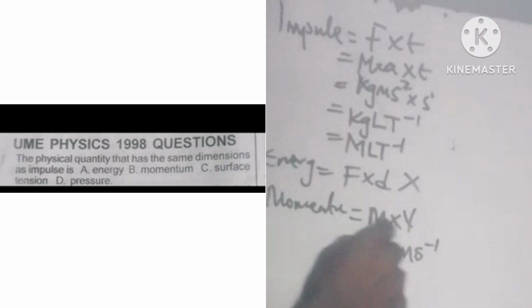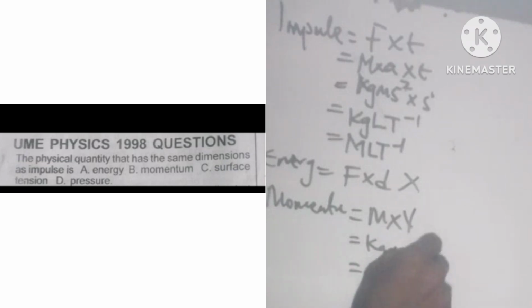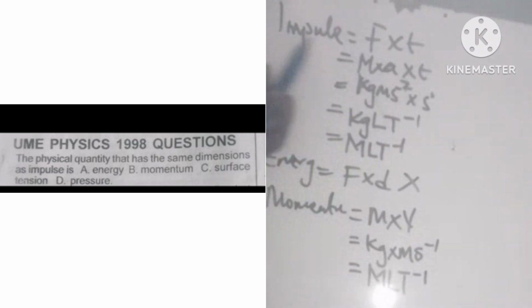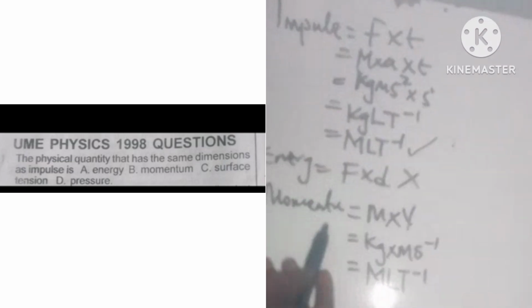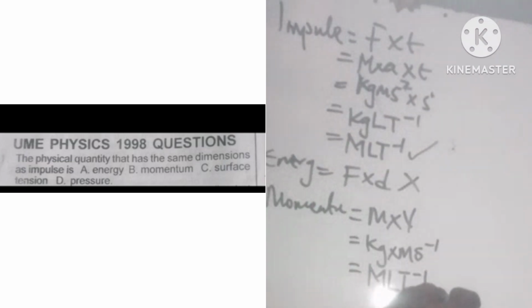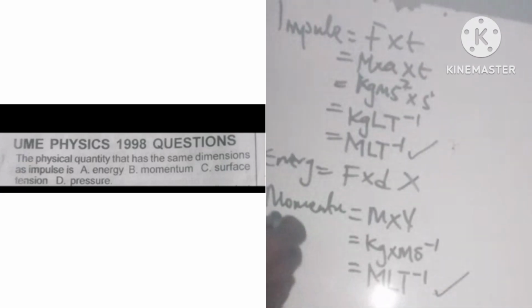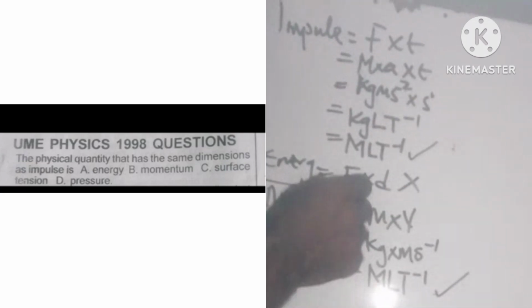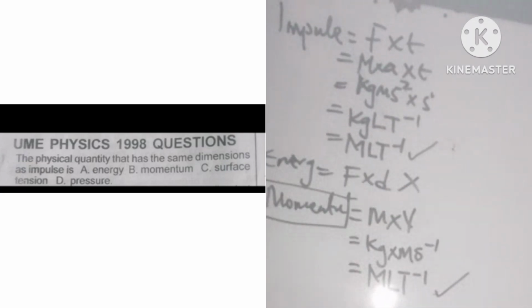At this point, if I join them together, anywhere I see kg, I put M, anywhere I see m, I put L, then this becomes T raised to minus 1. Now as you can see, the dimension is this, and that of momentum is also this dimension. So that means the correct option is momentum, which has the same dimension as impulse.